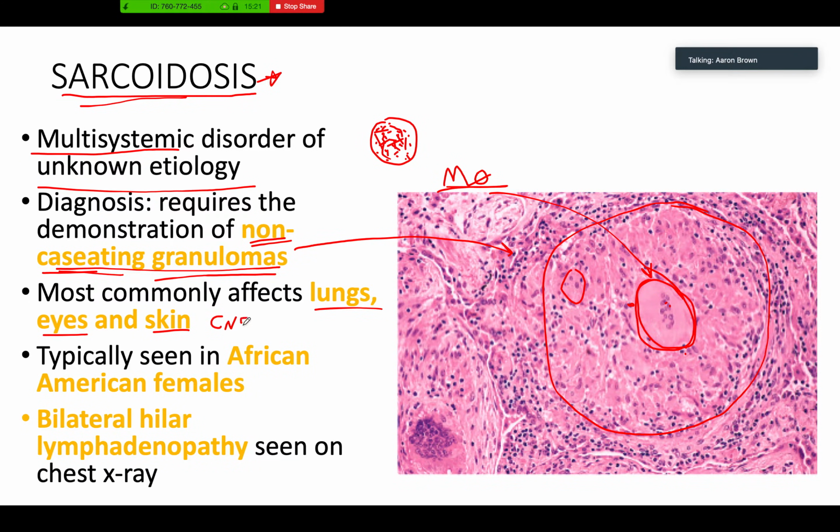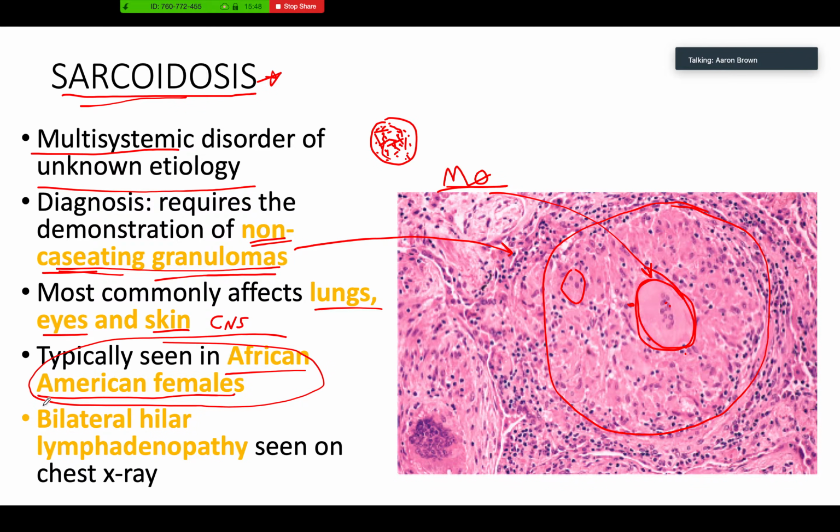There's a very specific example. I think we'll do a question later that talks about it, but there's some places in the central nervous system we can get granulomas. In terms of the patient population, this is typically described in African American females, and in my experience, when you get a question on this, whether it's on your exam, in UWorld, in any of these question banks, they are always going to say African American female.